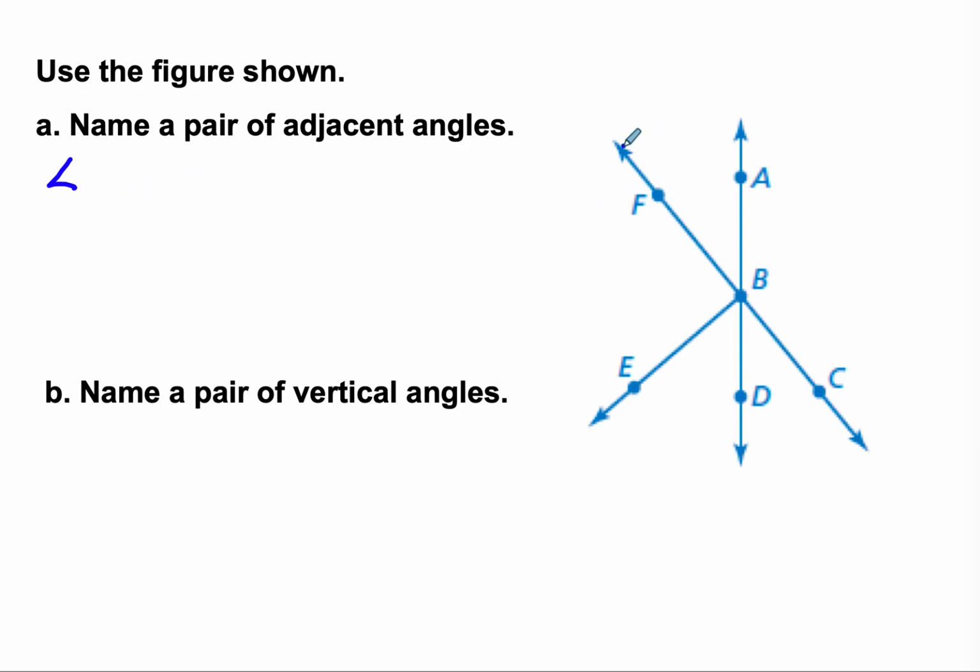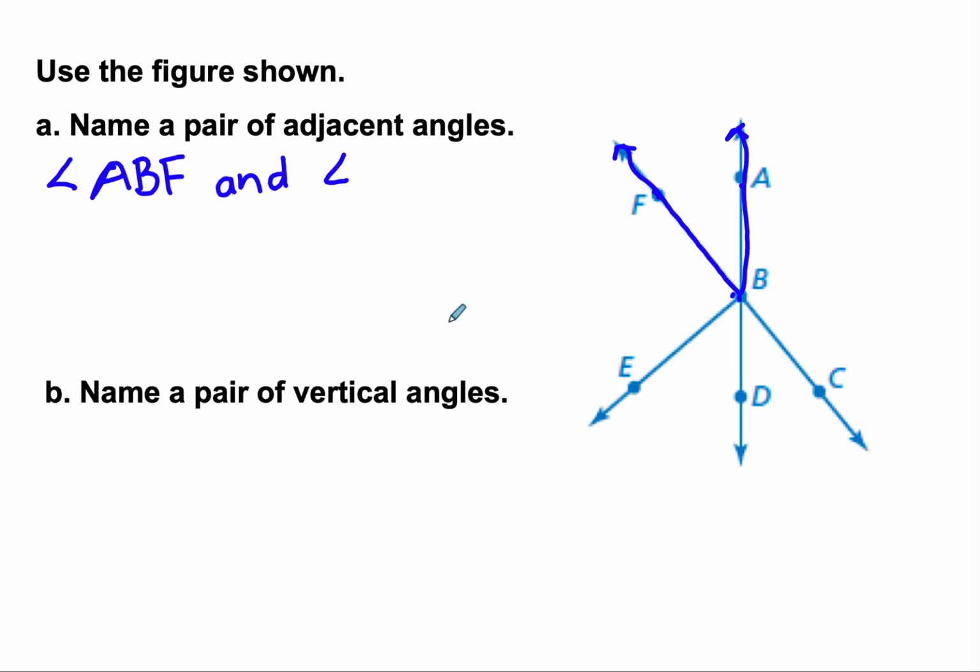Let's see, I'm going to start with this one right here. And then I'm just going to use the letters that are on it. So I have F, B, A, or I can name it A, B, F. It doesn't really matter. I guess I'm going to name it A, B, F. Then I need another angle that is adjacent to that one.